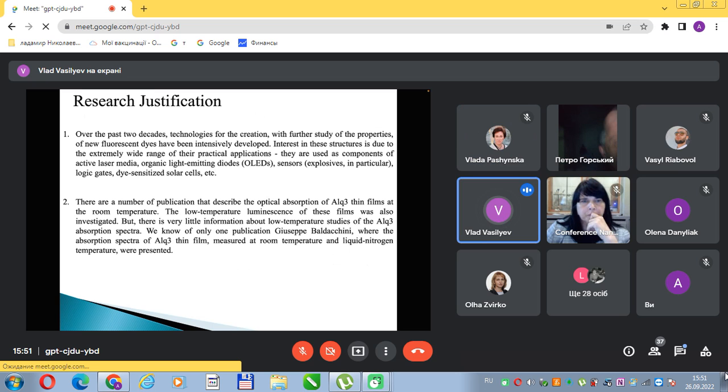Inside this technology, the properties of new fluorescent dyes have been intensively developed.